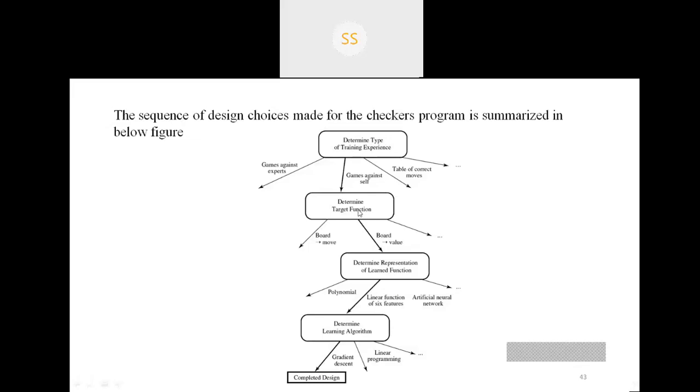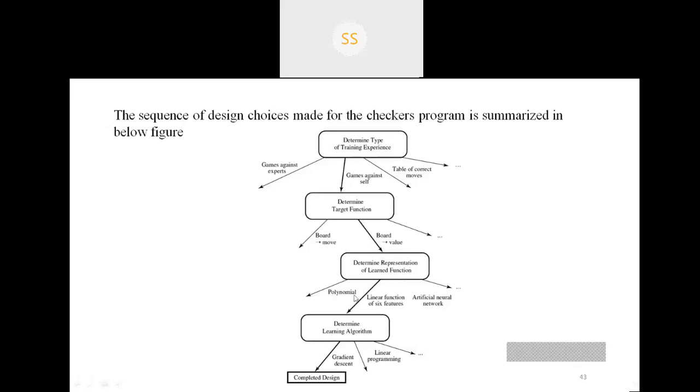Then determine the kind of target function. Once you have set the target function, determine the representation for the learned function.